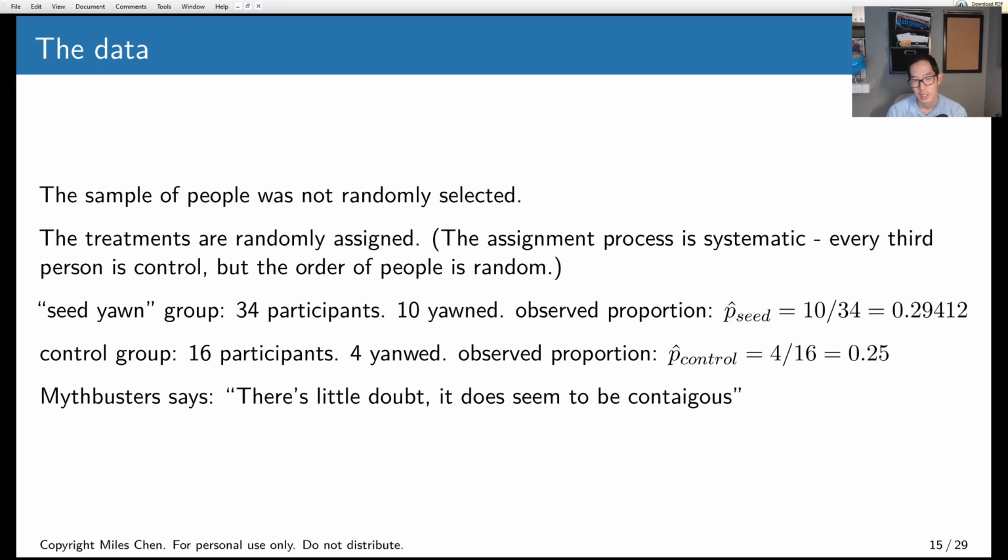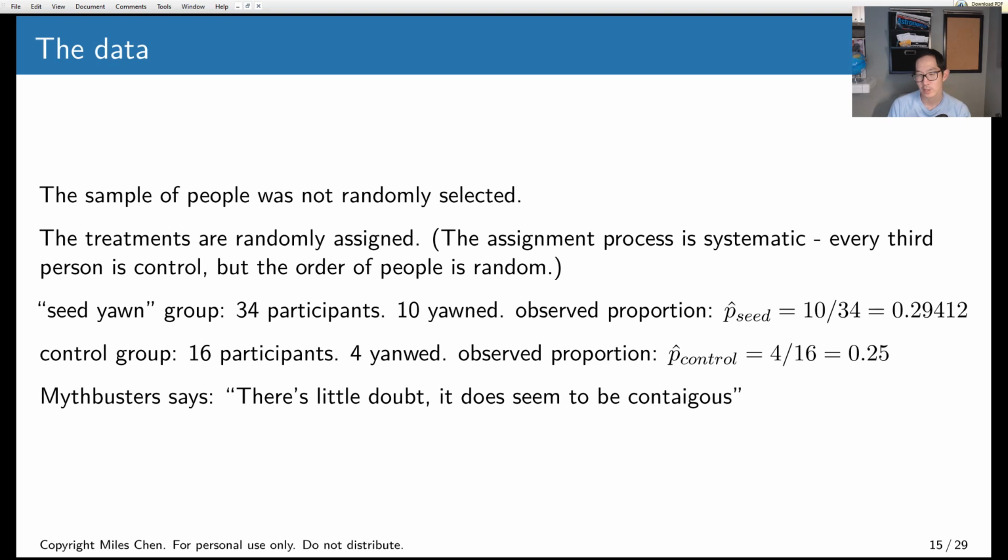The remaining 16 participants, remember there were a total of 50 people, did not see anybody yawn, and out of those 16, 4 people yawned while they were sitting in the room. So the observed proportion there was 4 out of 16, around 25%.